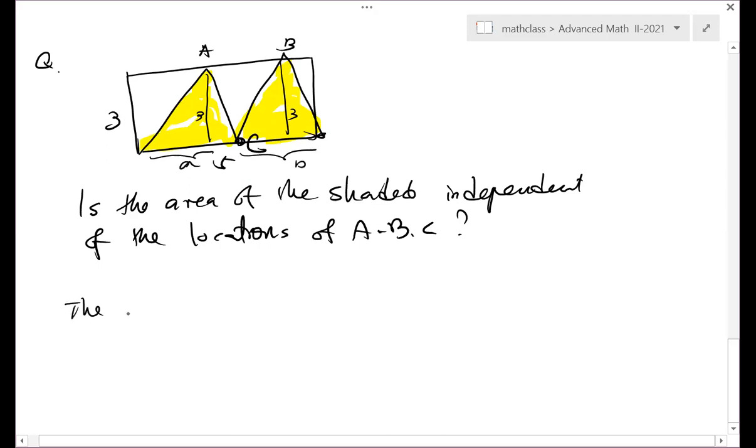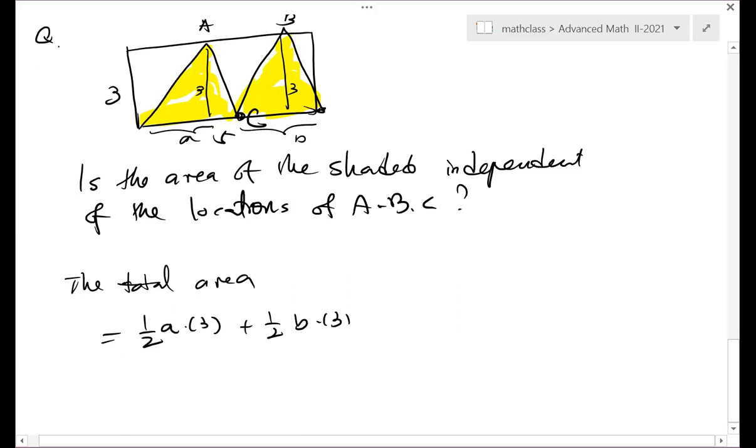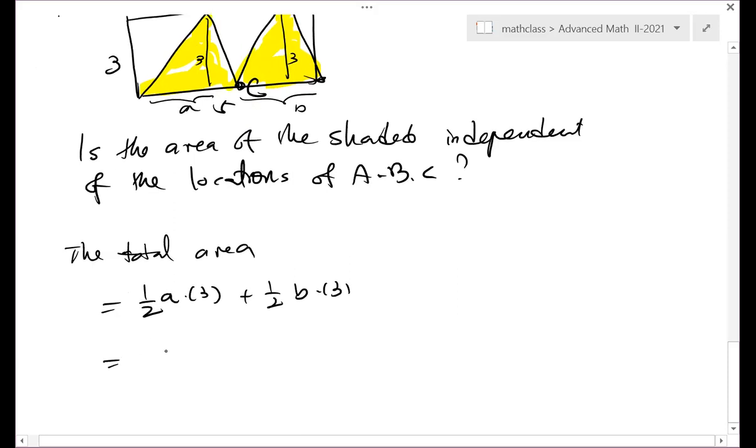The total area is going to be half of A times height, plus half of B times height. You see there's a common factor, take it out.